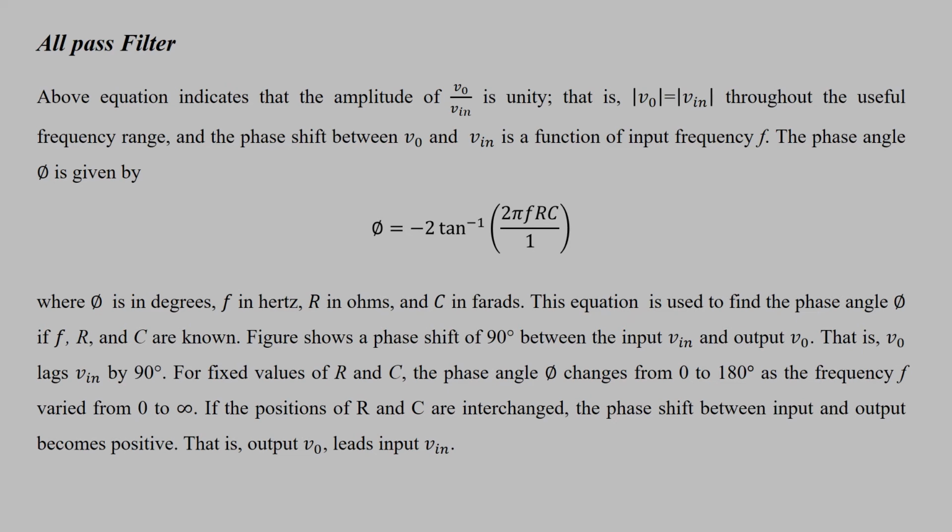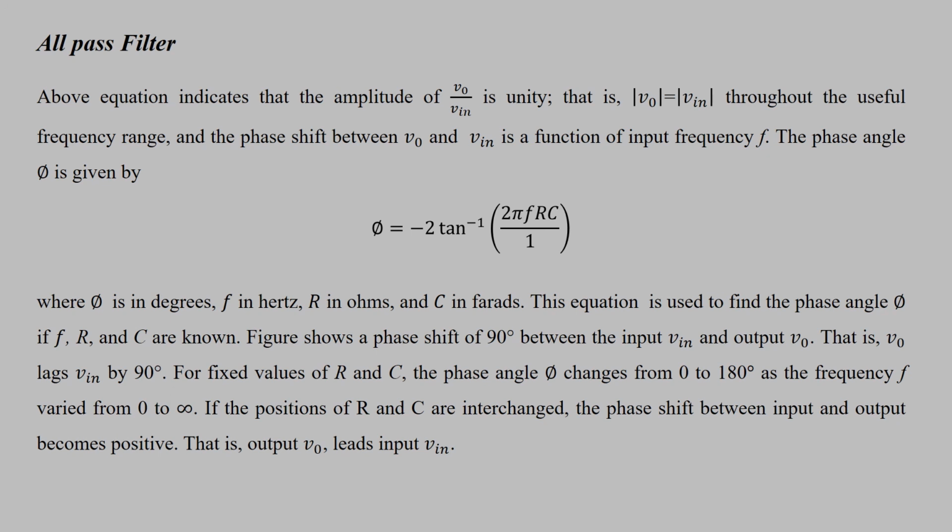The above equation indicates the amplitude is unity. You can see V0 is equal to Vin throughout the useful frequency range, and the phase shift is a function of frequency. The phase angle phi becomes minus 2 tan inverse of 2 pi fRC.